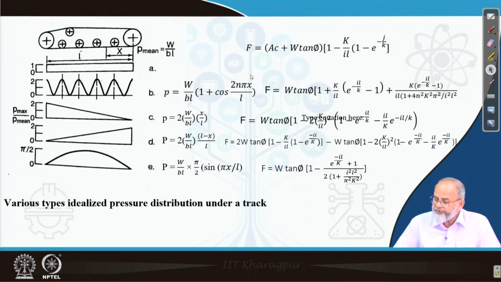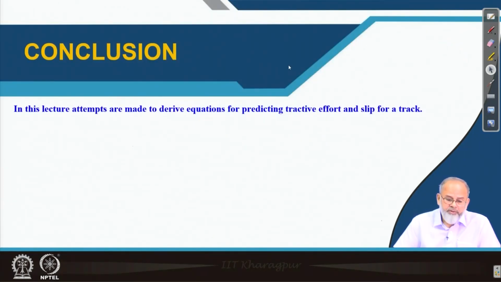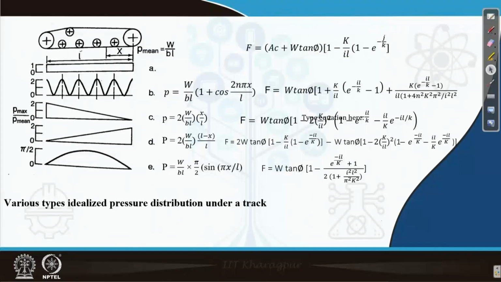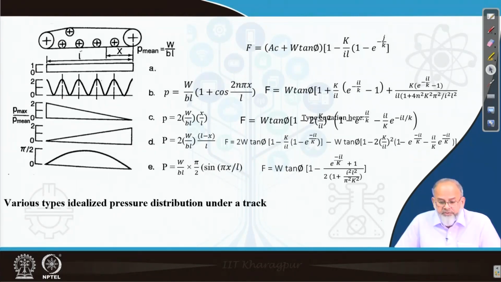And if you know the shear stress, we find the shear force by multiplying with the area. So this is how we find the tractive effort for a track. The only thing is, one has to know the pressure distribution and the shear stress shear displacement relationship. Then one can find out the thrust which will be developed.